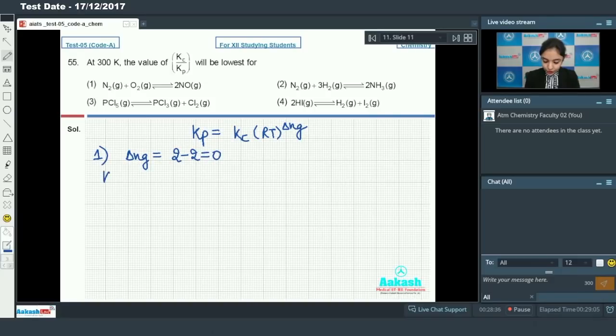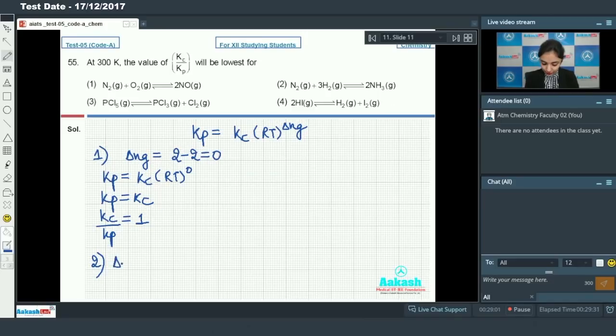So you can write the expression for Kp. Kp is equal to Kc (RT) to the power 0. So here Kp will be equal to Kc. So Kc by Kp will be equal to 1. I hope this is clear to you. Now you have the second equation in which ammonia is being formed.